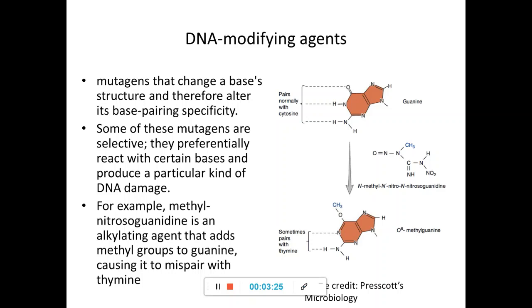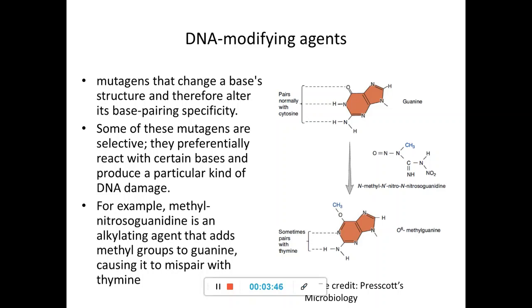Some of them are selective and they preferentially react with certain bases and produce a certain kind of DNA damage. In the case of methyl nitrosoguanidine, it is an alkylating agent and it adds methyl groups to guanine, causing it to mispair with thymine.